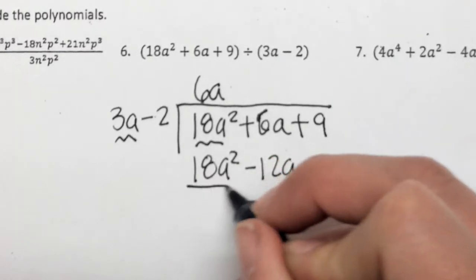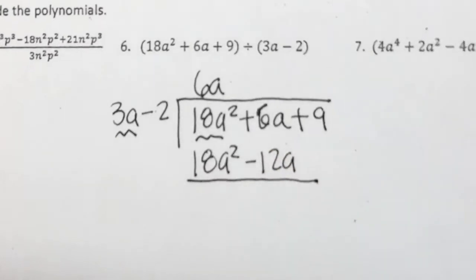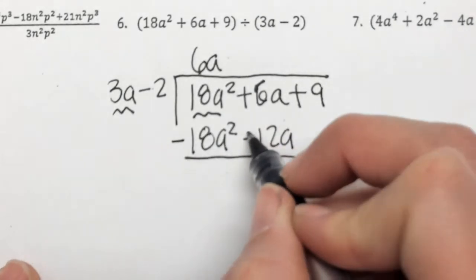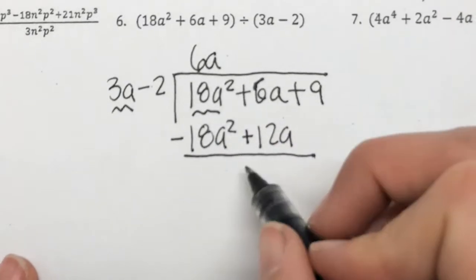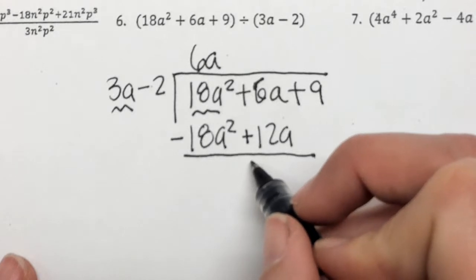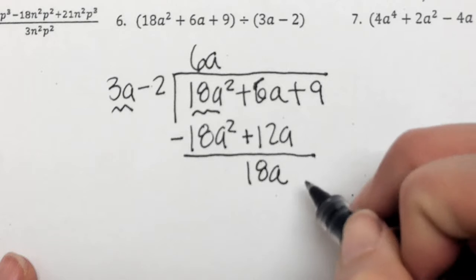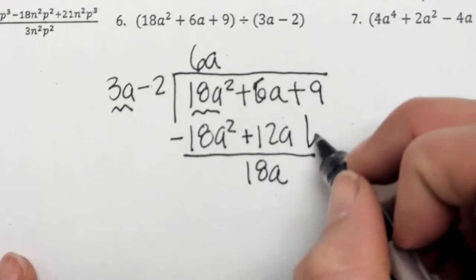Good. Simon, what do we do from here? Good question. Minus, change the sign. Very good. And make it... Is that 6? Yes. Good. And then Madison, from here I do what? Good.